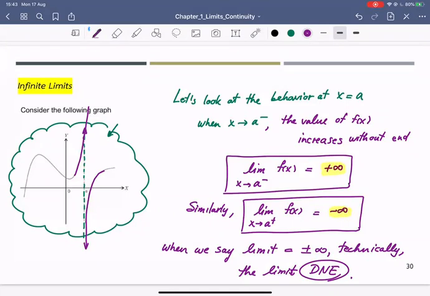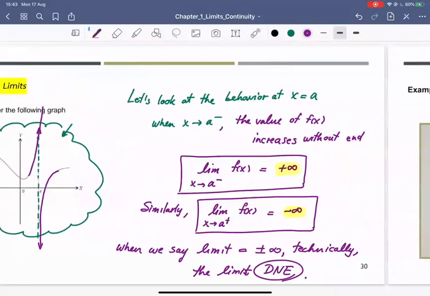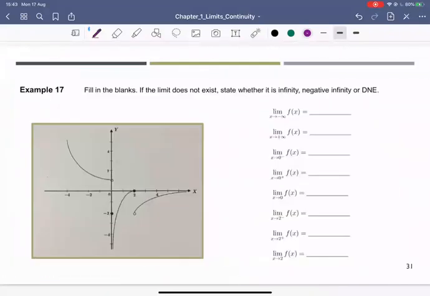So let's first look at the graph. This used to be your exam. We're going to do this very quickly to check if you understand the behavior at infinity. We have 3 examples here. I think it's supposed to be super easy. First, number 17, fill in the blanks.